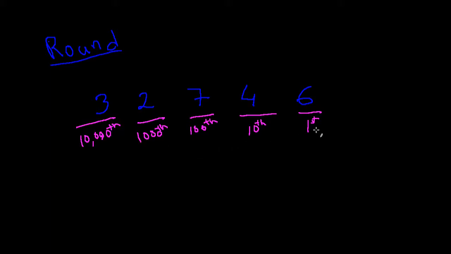Now, whenever we're rounding something, we look at the number and then we round it based on however many positions we need for that specific rounding. So what do I mean by that? Let's look at an example.